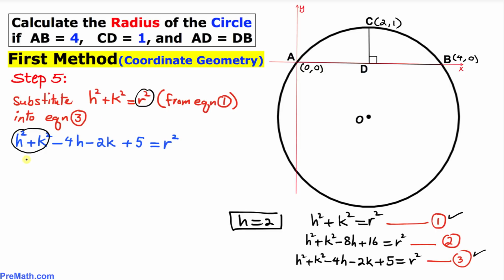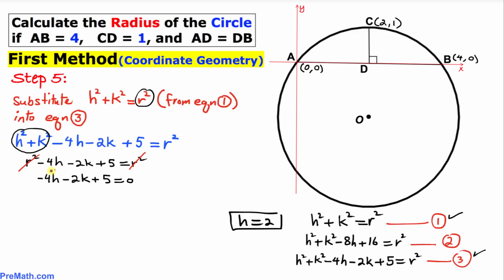That's going to give us r square minus 4h minus 2k plus 5 equal to r square. As we can see, this r square and r square cancel each other out, so we get simply negative 4h minus 2k plus 5 equal to 0.